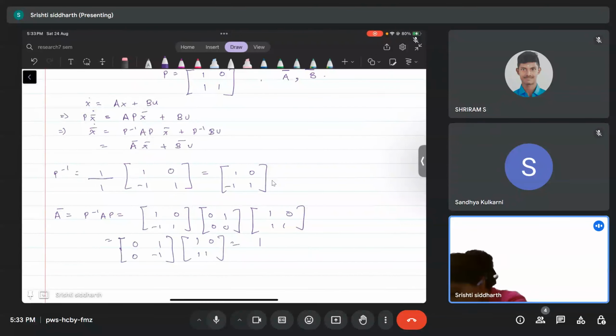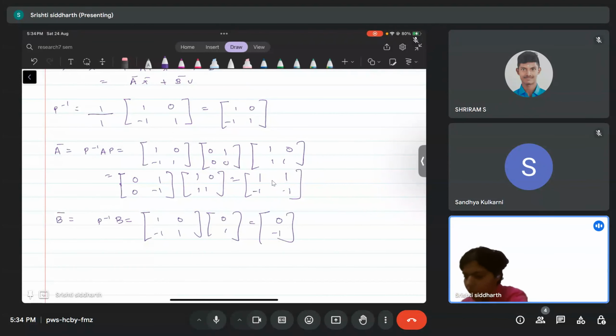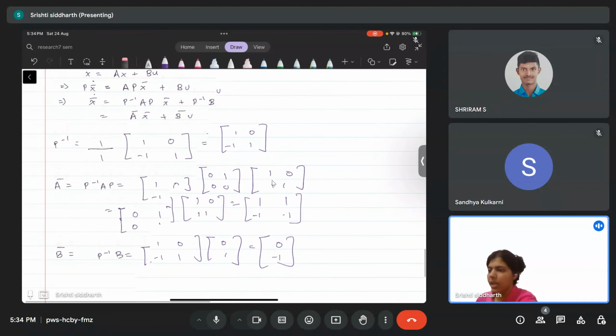This is [1, 1; minus 1, minus 1]. Now we have the new B matrix, P inverse B, and this is [0; minus 1]. So now you have the new state space system in terms of the variable x bar.